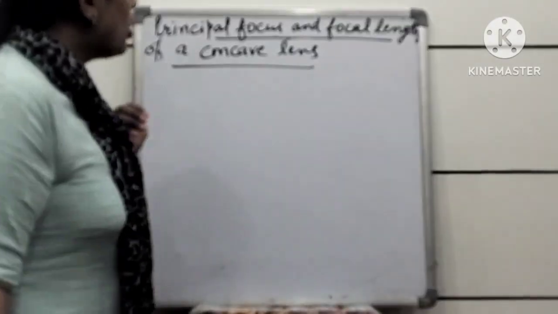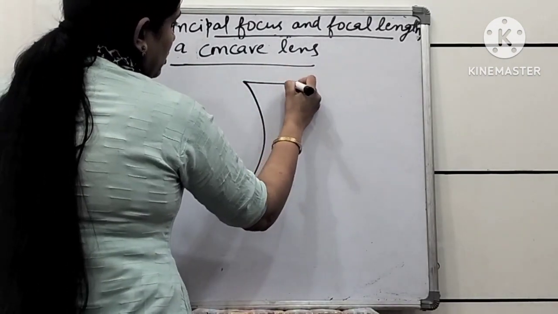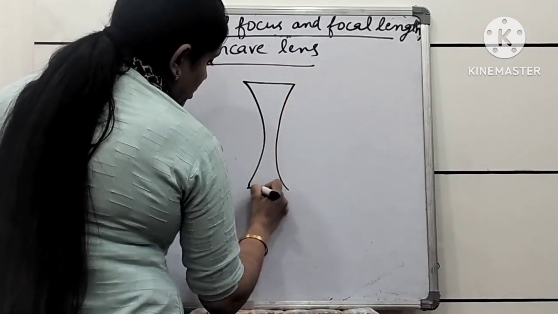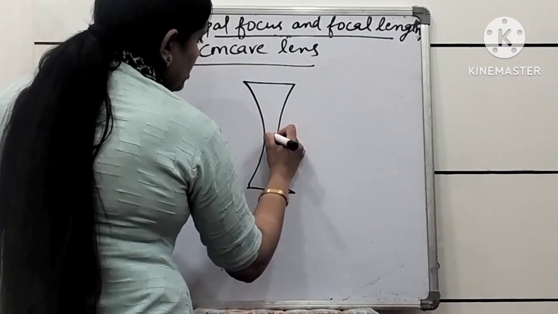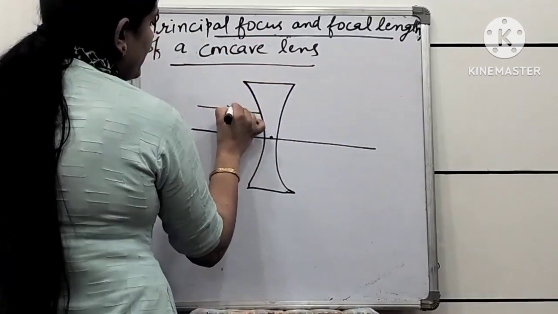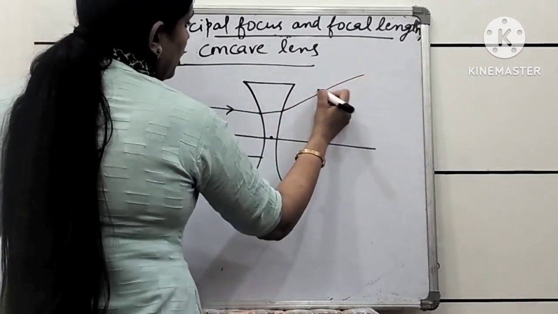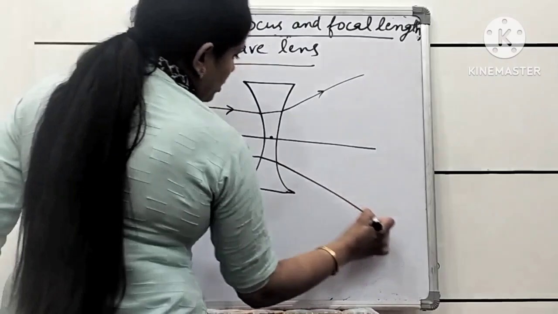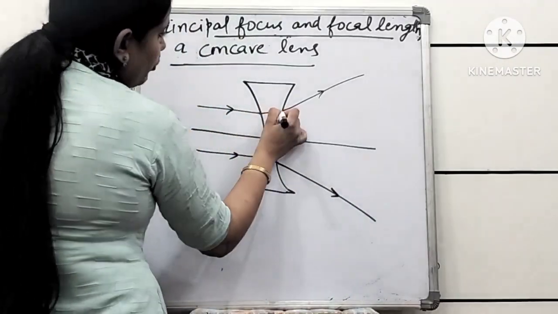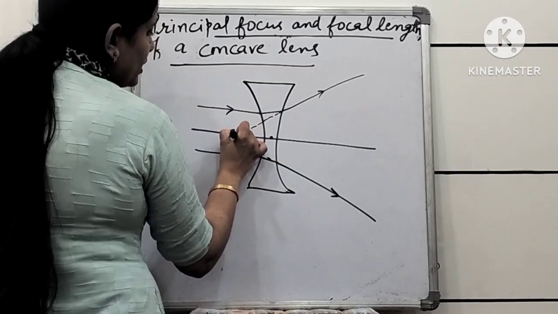Now the principal focus and focal length of a concave lens. This is the optical center and the principal axis. When parallel light rays come towards the lens, after refraction they diverge. When we extend these rays backward, they meet at this point.